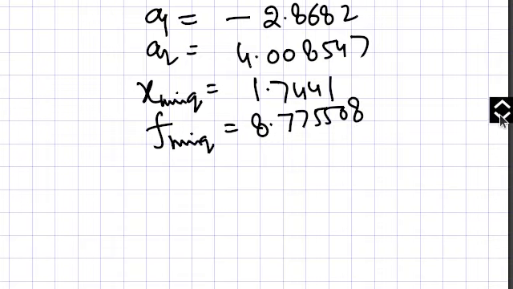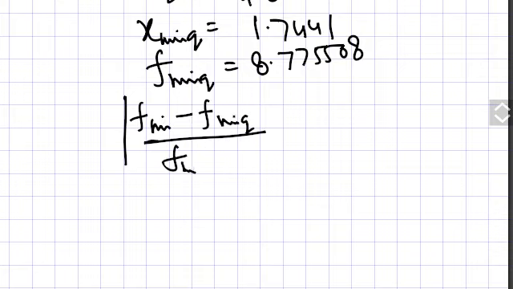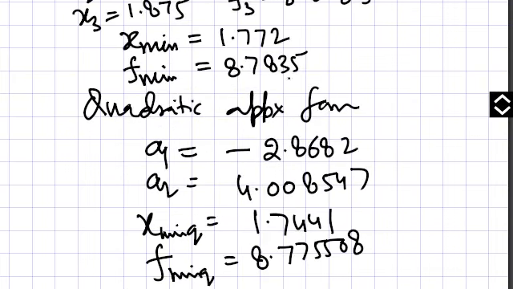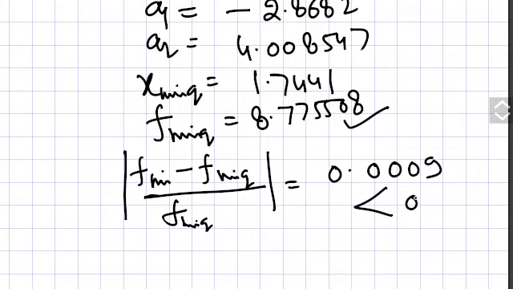Now if you will find the error, f minimum minus f minimum q by f minimum q. So this you decided here, this you decided with the formula, and you will apply this here. You will get it to be 0.009. So it is less than the acceptable error.